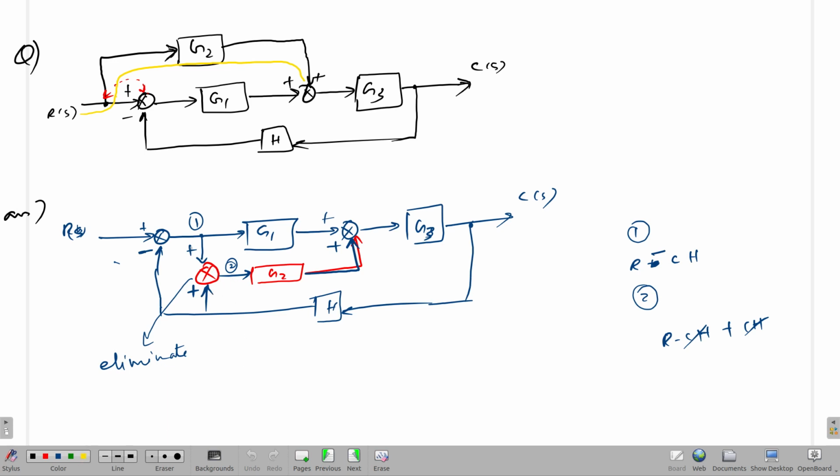If you take here, one path is going like this and another path is going like this, right? Two paths are there. So we'll make this one path and split this and give another path here.